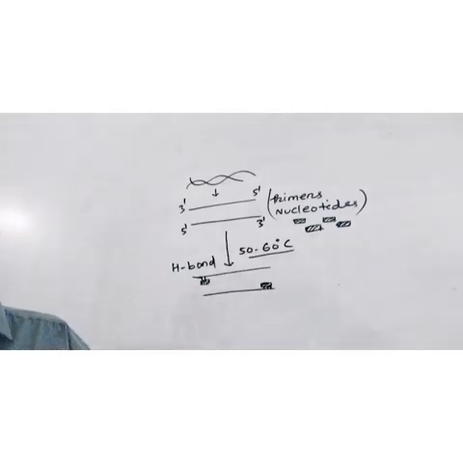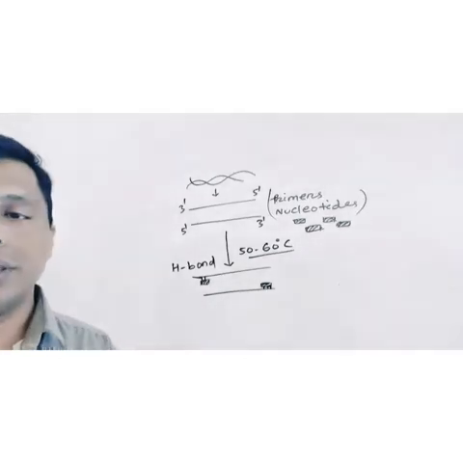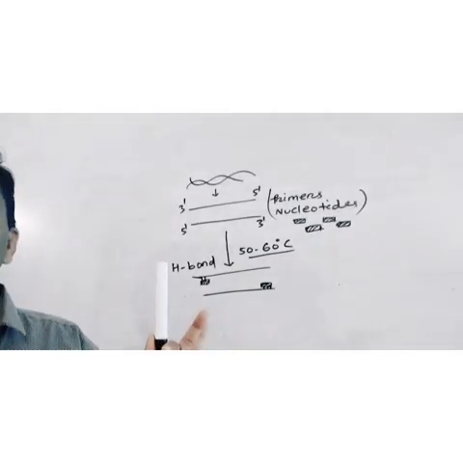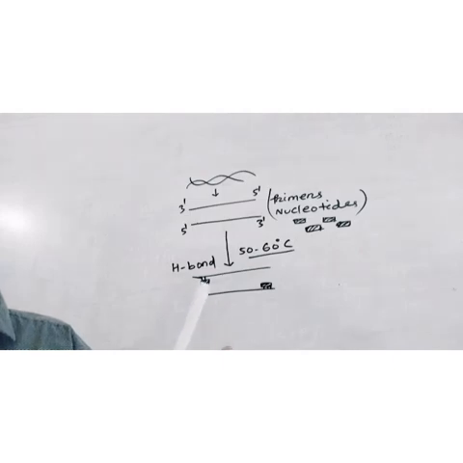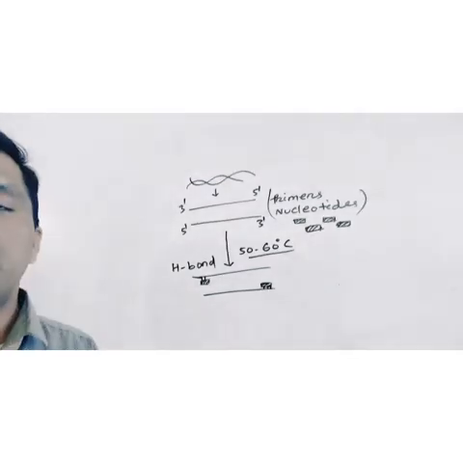The annealing temperature is 5 degrees Celsius below the calculated melting temperature. Mind it, the calculated melting temperature should be reduced by 5 degrees Celsius for annealing.